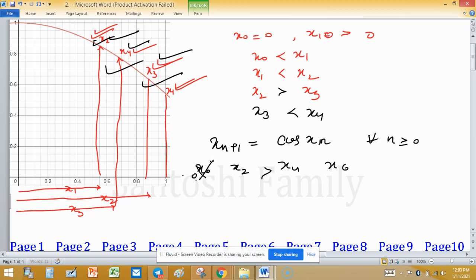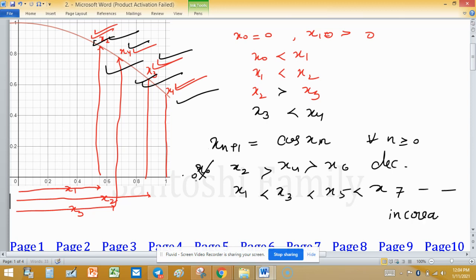and we leave out this term because convergence of a sequence doesn't change if we delete some terms of the sequence. X2 is greater than x4, so it is decreasing. And about x1 and x3, x5, x7 and so on: you can see here this is x1 and this is x3, so x3 is greater, so it will be an increasing sequence.